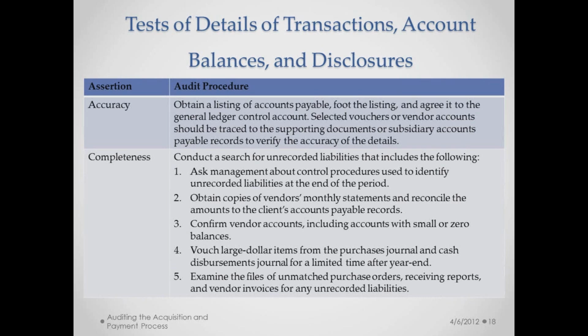Look at, and this is a really big one, unmatched purchase orders, receiving reports, and vendor invoices for any unrecorded liabilities, because especially around year end, and especially if you're a manufacturer, there's a lot of activity around year end, and so the chances for things to be backlogged are increased, and that's why you would want to look at any open files.